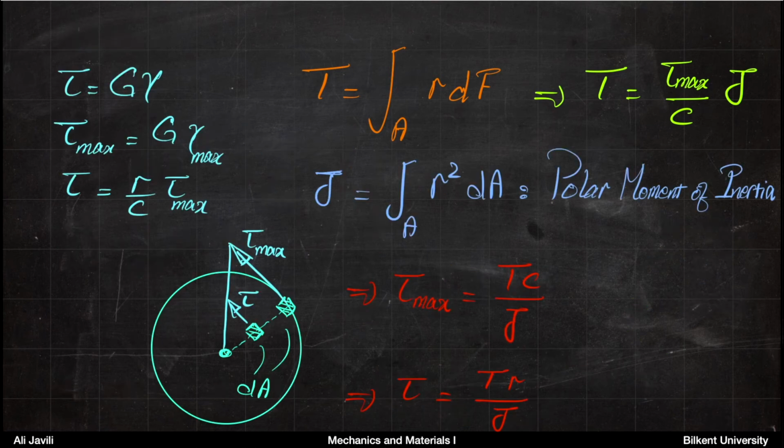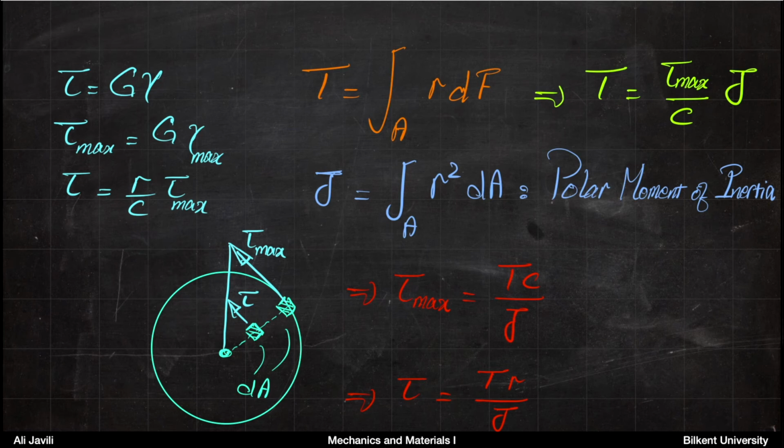Okay, having said that, we can summarize what we have so far. So T, torque, is the integral of distance times force over the area. And if you define the polar moment of inertia as the integral of r squared dA over the area, this is the relationship we get for torque.